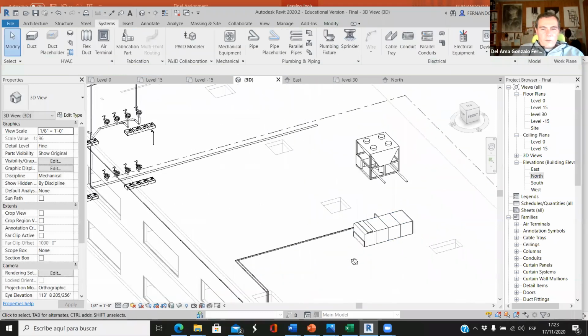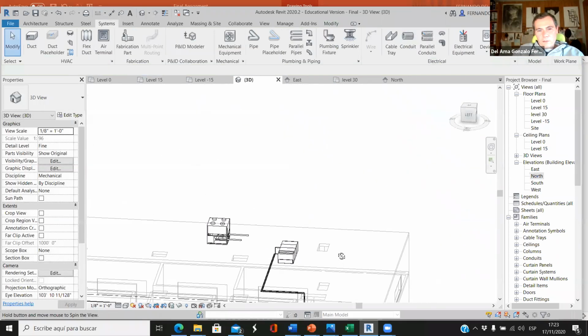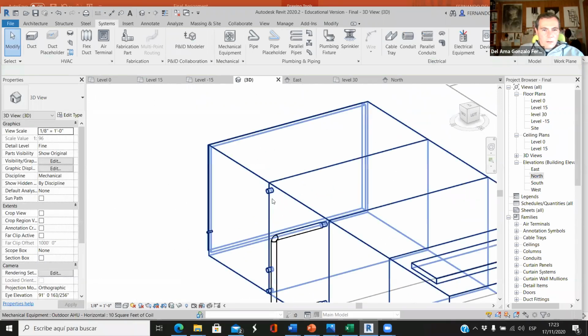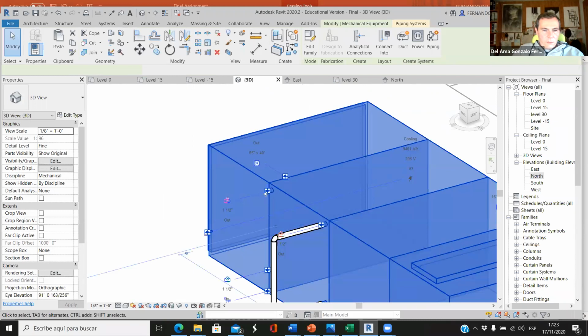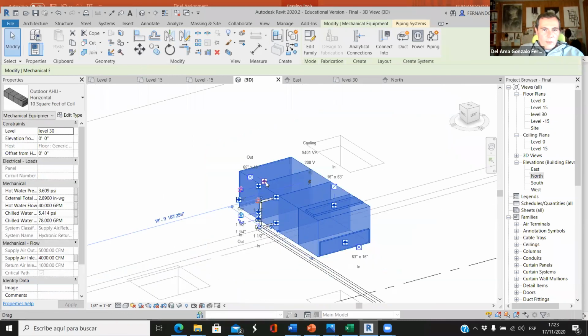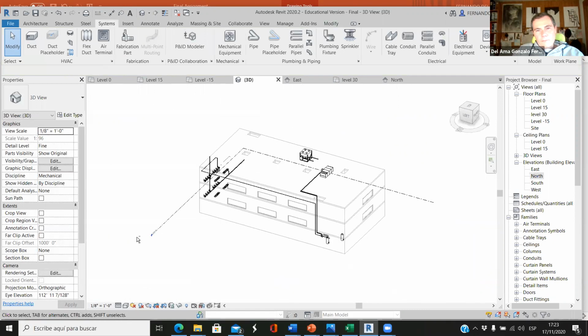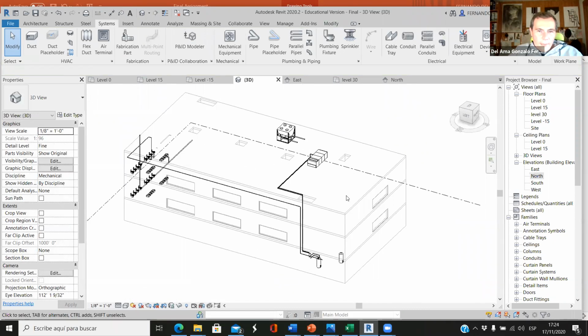Now you have to figure out how to connect these two pipes to this cooling coil.